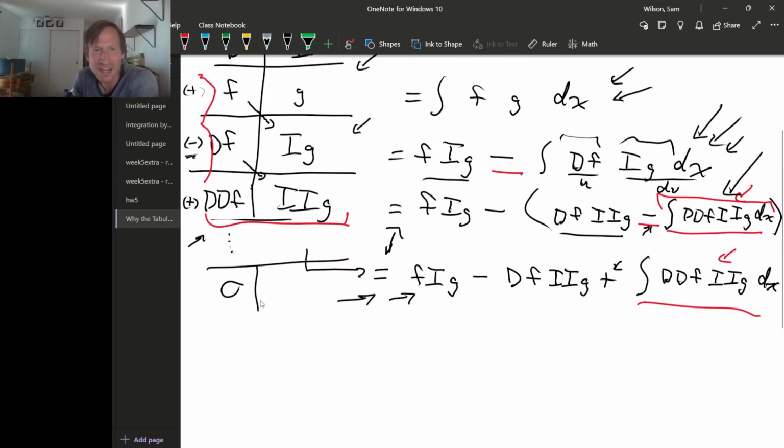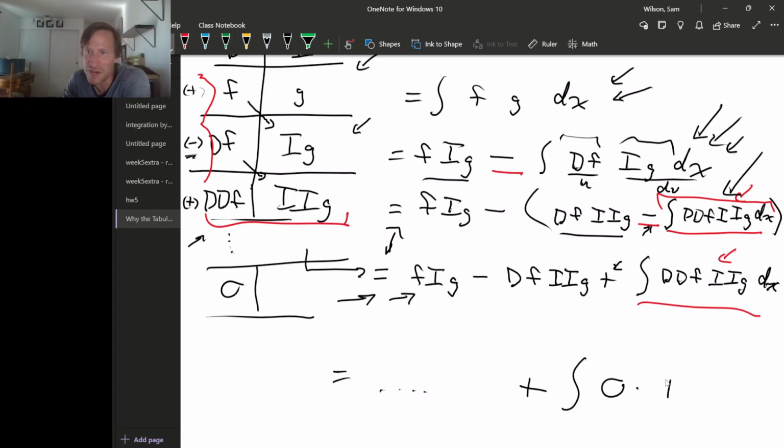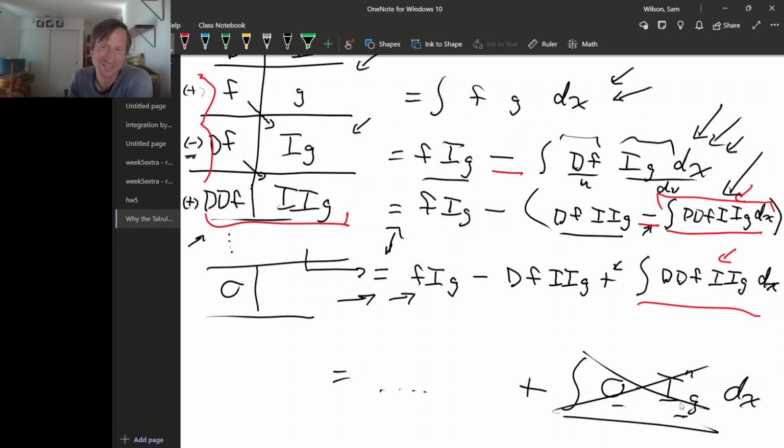It's just that the product that you get from this last thing, who knows how many rows you have here, but the very last is going to be the integral of 0 times some number of integrals of g, but 0 times this is 0, and so this whole part just disappears, right?